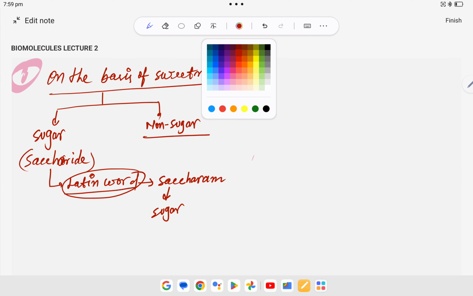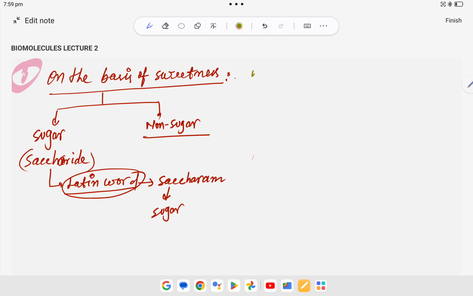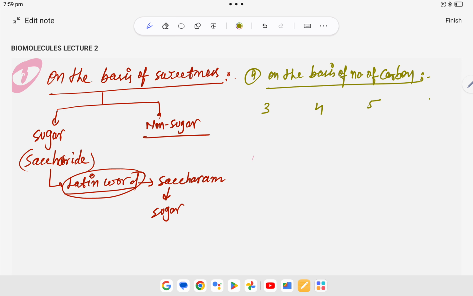Okay. Now the next classification, number 4, on the basis of number of carbon. In that case, carbon number 3, 4, 5, 6.